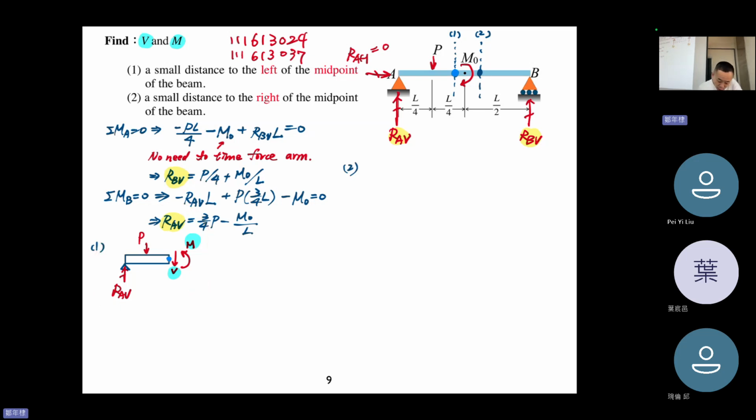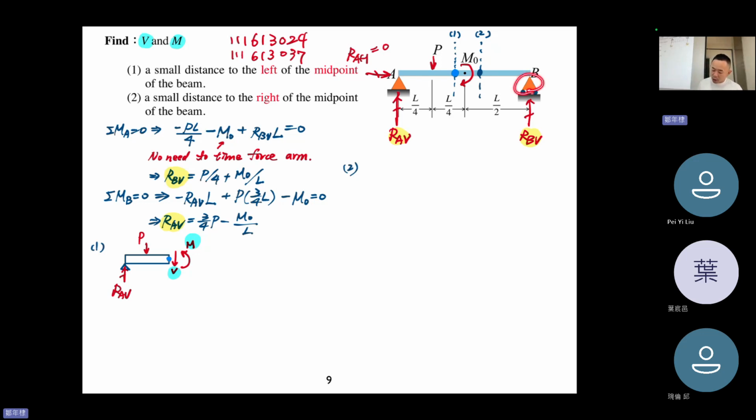And then we can just do the force balance. By the way, before we do the cutting, we need to determine the reaction force first. After you see the loading shown in the figure, we need to determine how many reaction forces are given by the supports. This is the hinge, so it gives us two reaction forces, horizontal and vertical.